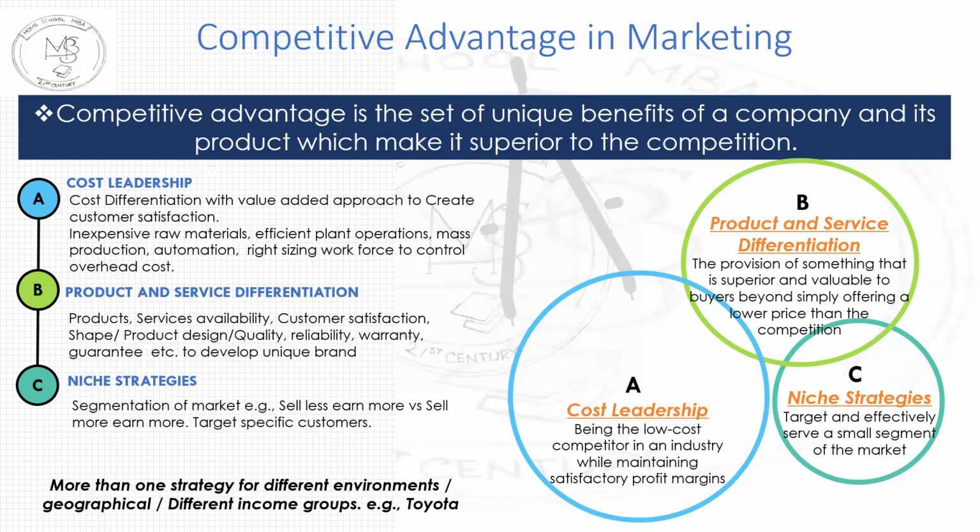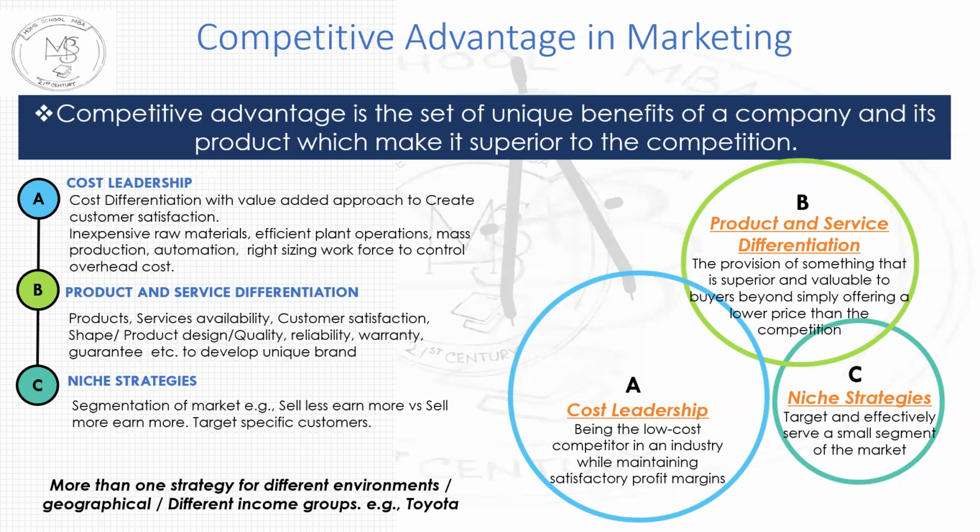different than the competitors. Now, products can be different by having a different shape or design, quality, reliability, and services. Basically, they relate to warranty, guarantee, replacement policy, and development of a unique image of your brand.